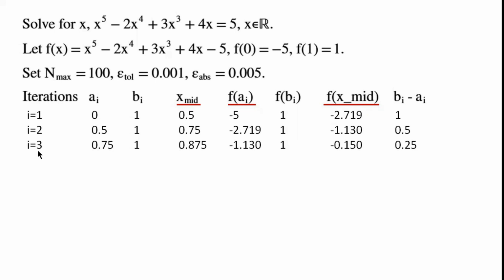So when i equals 3, we set ai to be equal to 0.75.